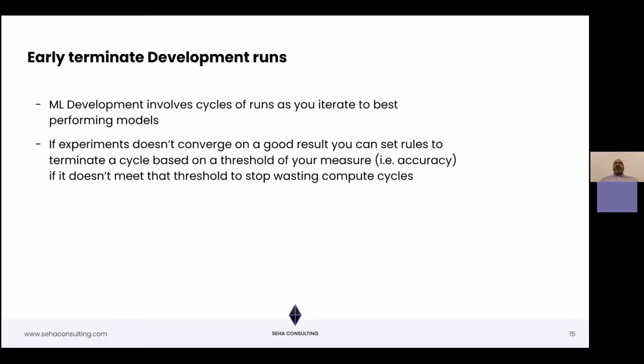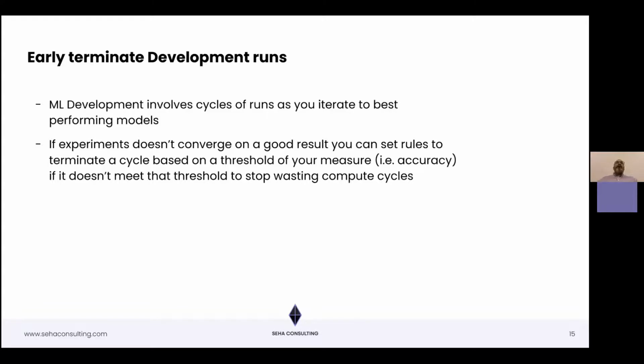Next option is around early terminating development runs. Most of your jobs, when you're running models, have multiple cycles, epochs, that run as you iterate to the best performing model, right? You may have a job to run 10 epochs, and through each epoch the performance might be improving.